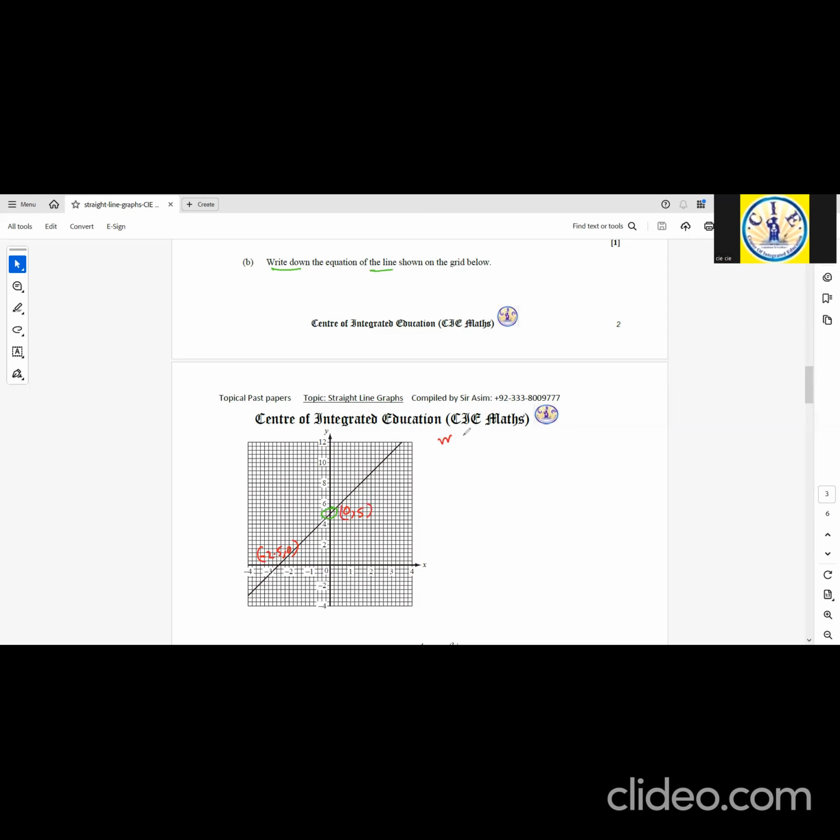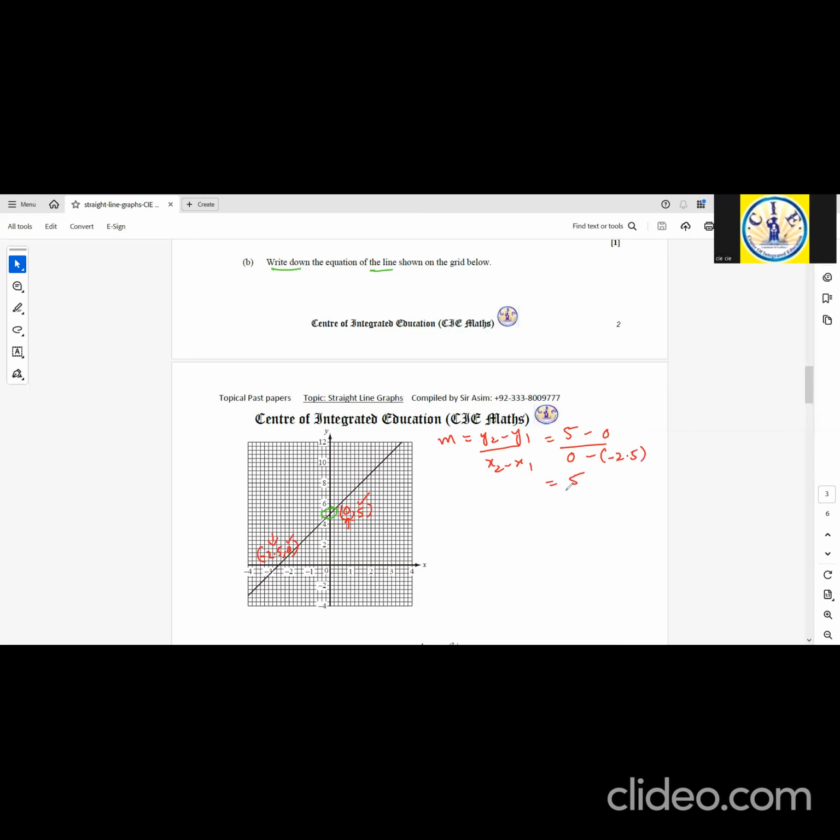So for m now, we can have again y2 minus y1 divided by x2 minus x1. That means this is y2, 5, minus y1, that is 0, divided by x2, that is 0, minus x1, that is negative 2.5.